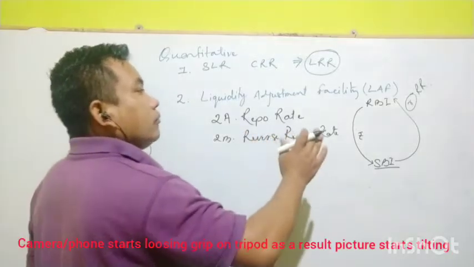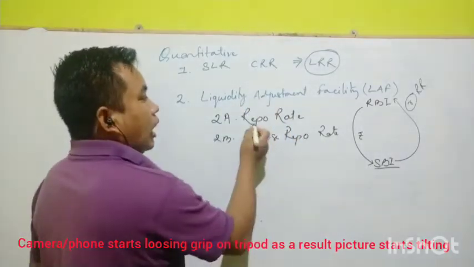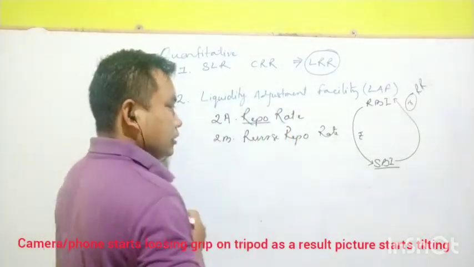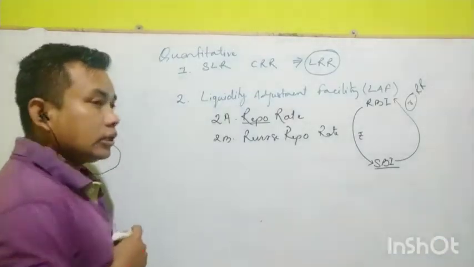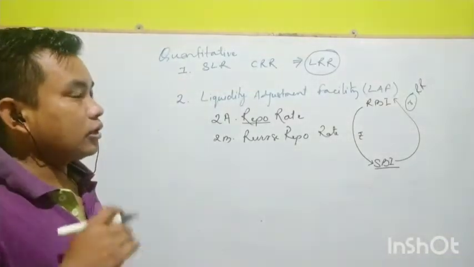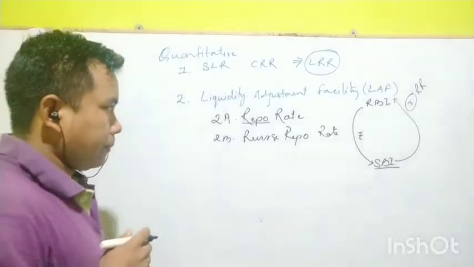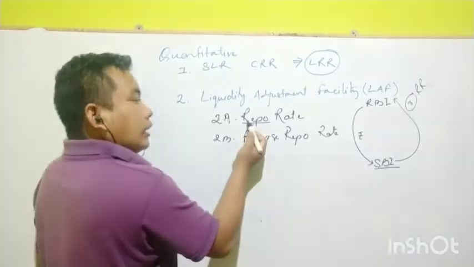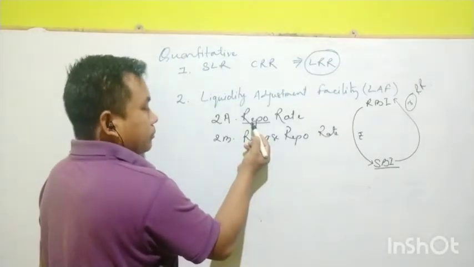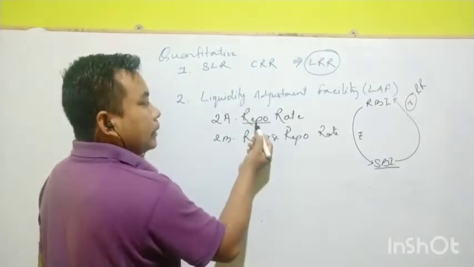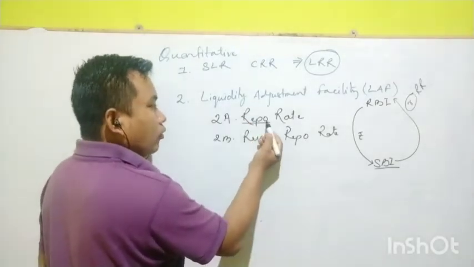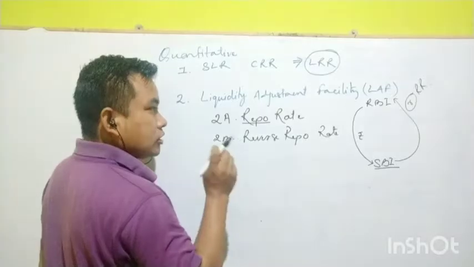Repo is not a word, it is actually an abbreviation, a shortened form. RE stands for repurchasing, O stands for option, so repurchasing option rate.